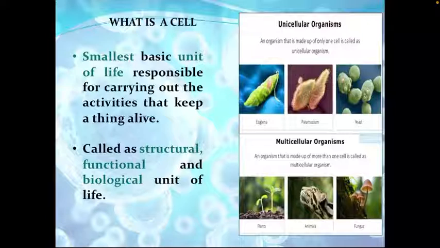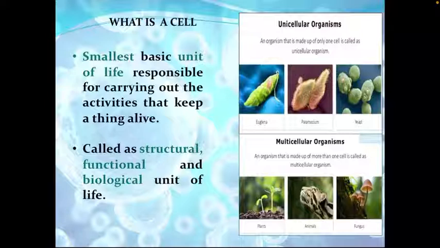Viruses are acellular organisms. They are not made up of cells because the basic functions of the cell, like it can reproduce itself and it can grow itself, that property a virus doesn't have. So basically we can say the cell is the structural, functional and biological unit of life.